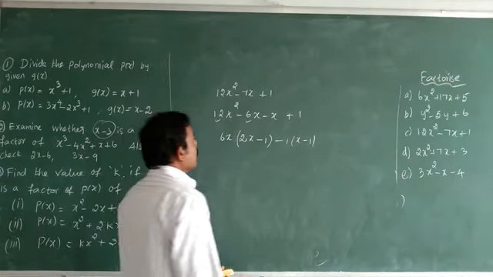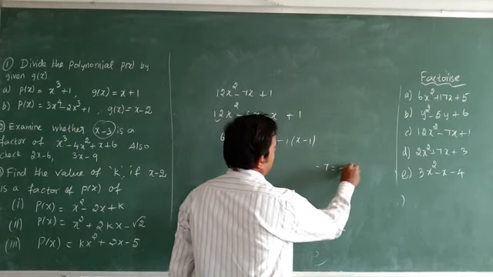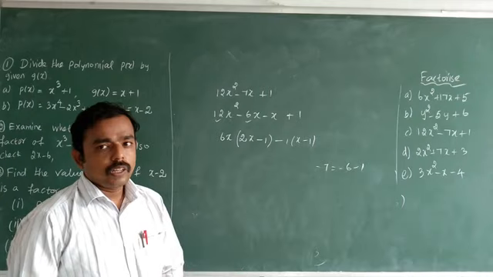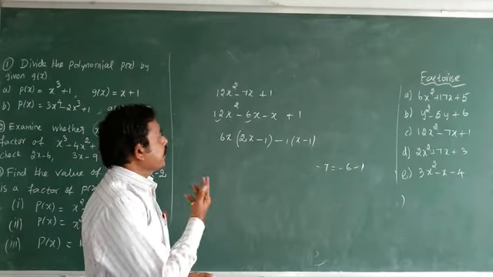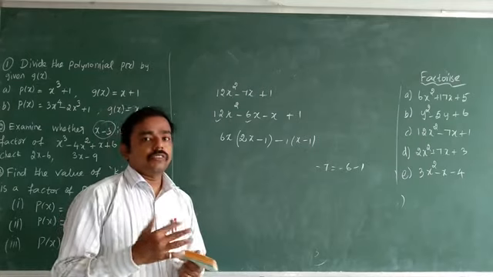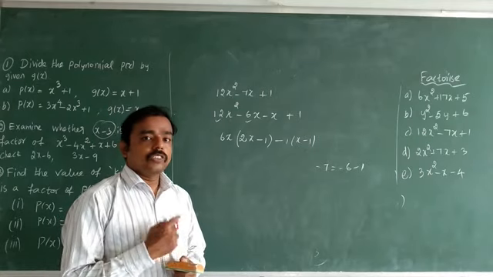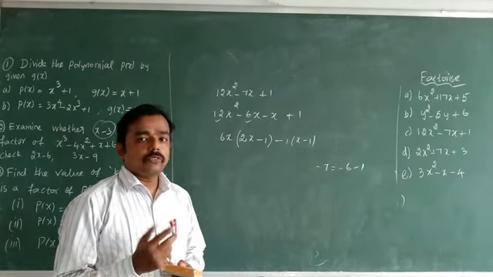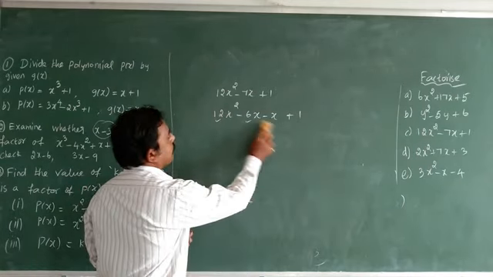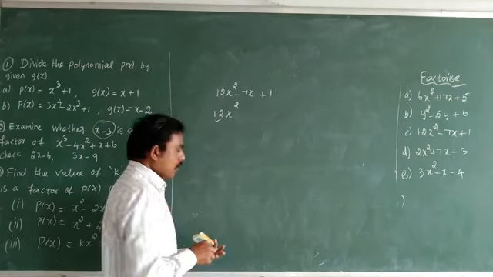So I have written minus 7 as minus 6 minus 1, and wrote this, but it's not working. So next we can split minus 7 according to this 12: 3 and 4, because 3 also divides 12 and 4 also divides 12. So for that we will try.